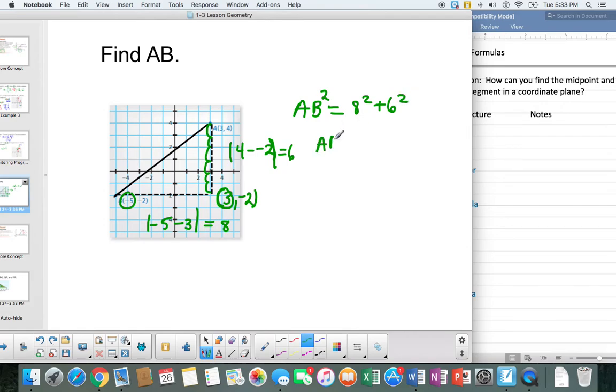And then to figure out AB, I'm going to just take the square root of 8 squared plus 6 squared, which will be root 64 plus 36, which is going to be root 100, and the answer is 10.